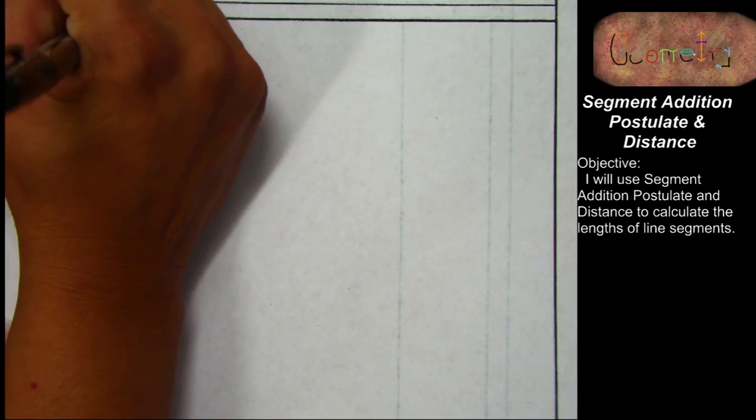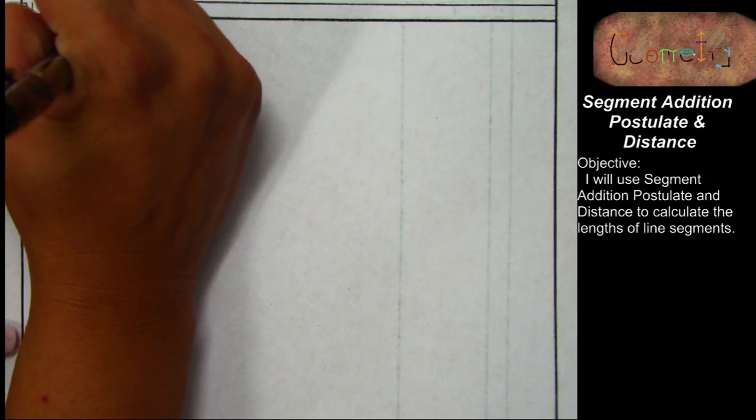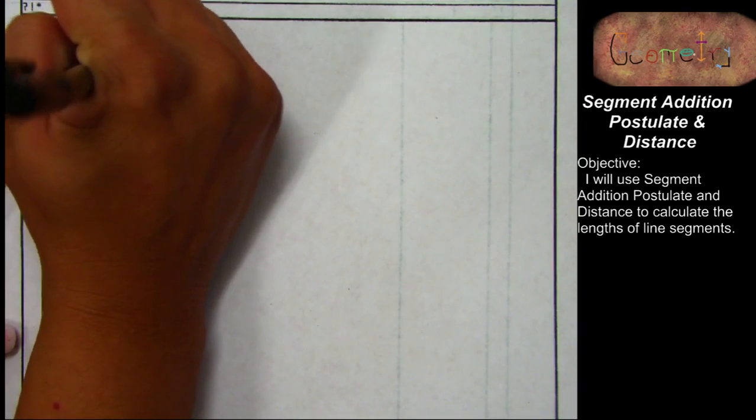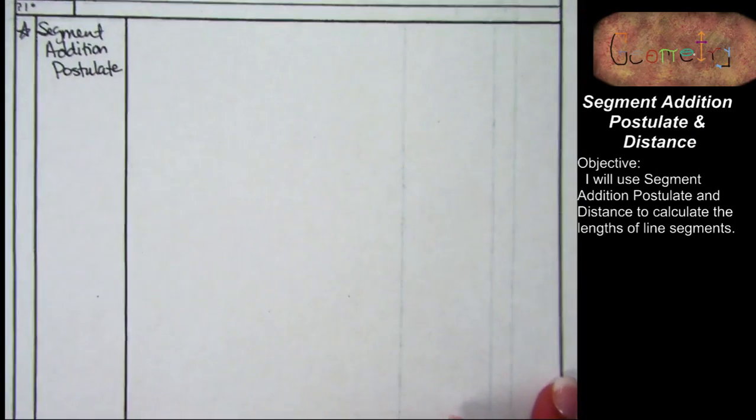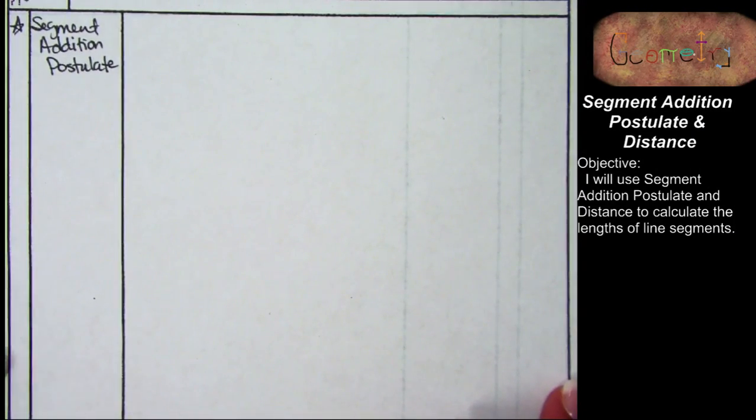And let's just kick it off with the segment addition postulate. Again, a postulate is something that you're going to take for granted. That is true. You're not going to work too hard or think too hard about trying to figure out how to prove that it's true. We're just going to go ahead and be like, yep, sounds legit.